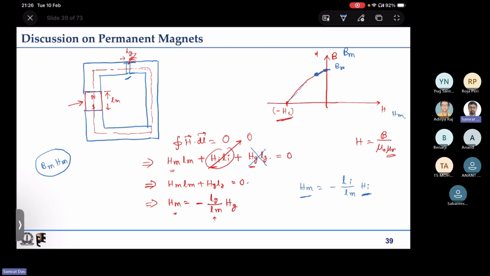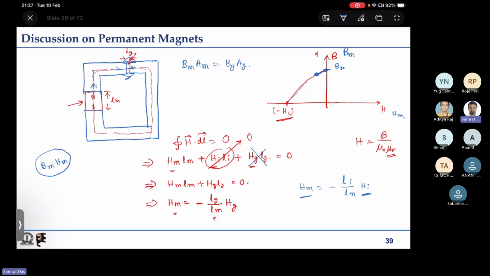So we assume that the same flux has to go through this. Whatever flux is going from the permanent magnet, that same flux goes to the air gap also. If we neglect fringing, that is, flux lines fringing in both directions in the air gap, and assume the cross sectional area to be uniform everywhere, then B magnet into A magnet is equal to B gap into A gap.